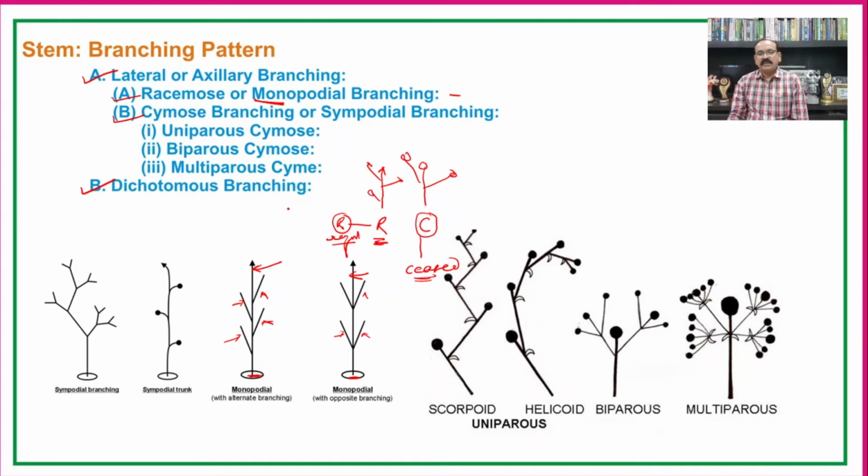In uniparous cymose, branches develop on one side only at a time, so there is a development of a branch from each side, once on one side and then again from the other side, continuously in an alternate condition, meaning one branch develops to the left side and another to the right side.